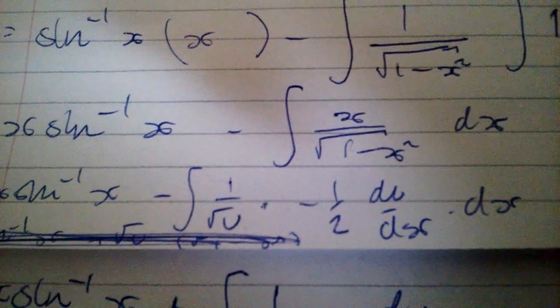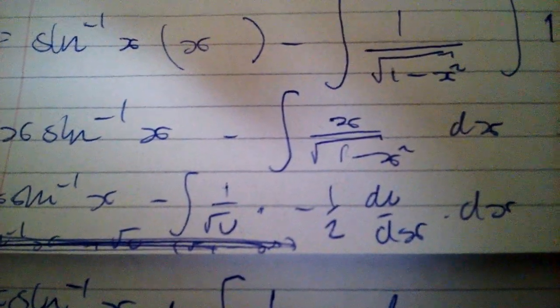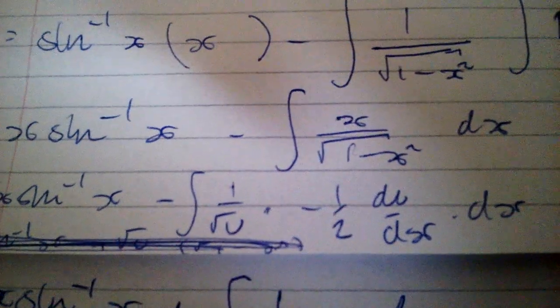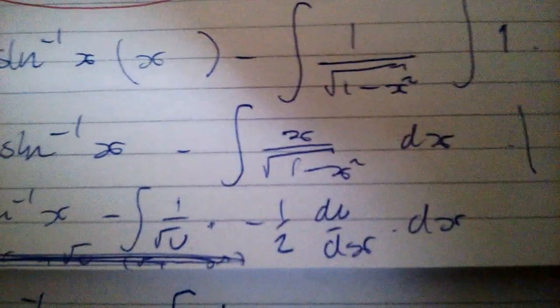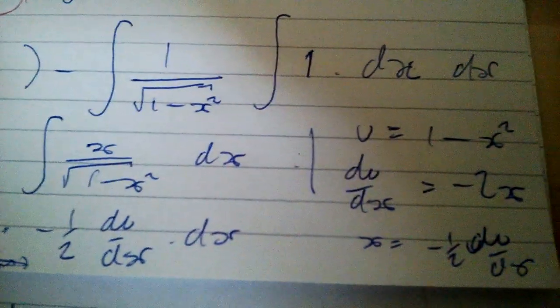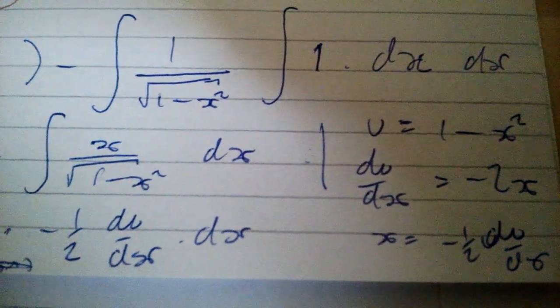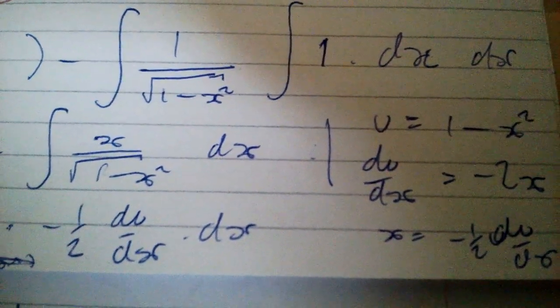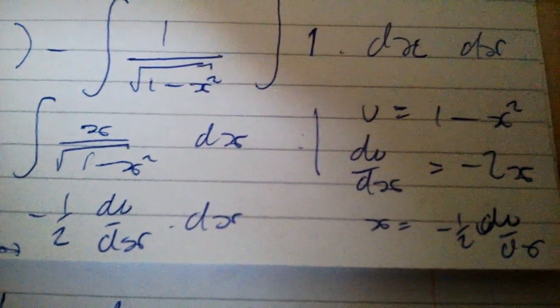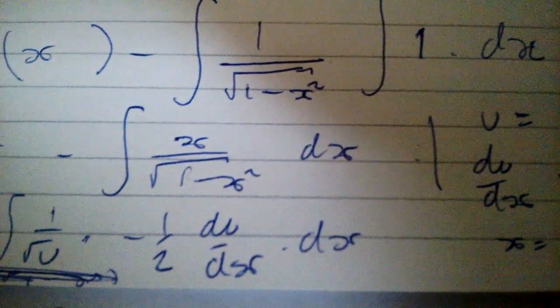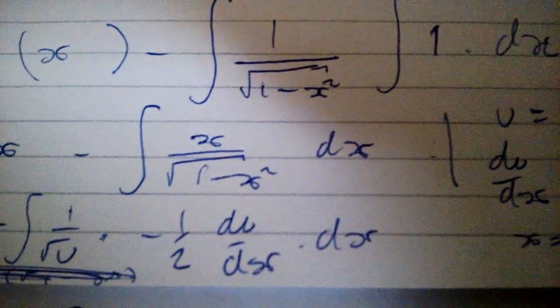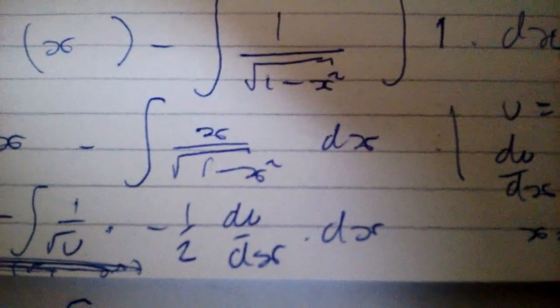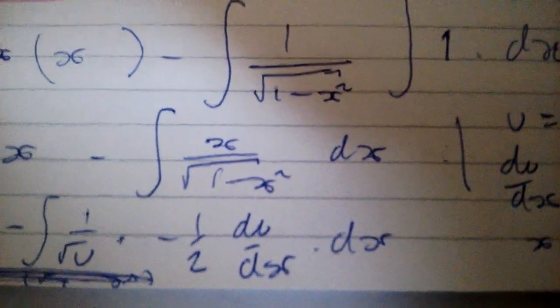Going back to my main equation, x sine to the minus 1 x, and then the square root of 1 minus x squared is just the square root of u. Since du by dx is minus 2x, x itself is minus a half du by dx. So the x in the top line I'm going to replace with minus a half du by dx, integrating everything with respect to x.